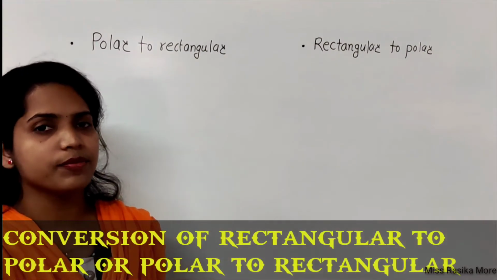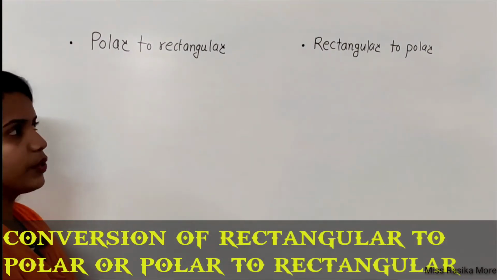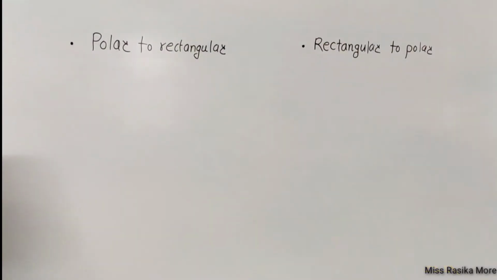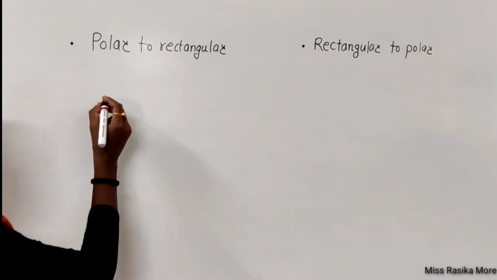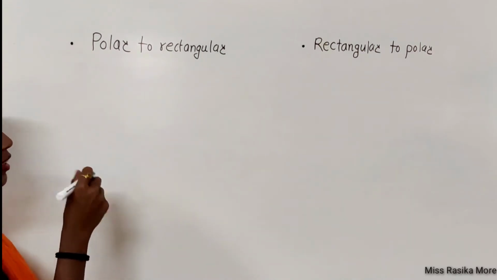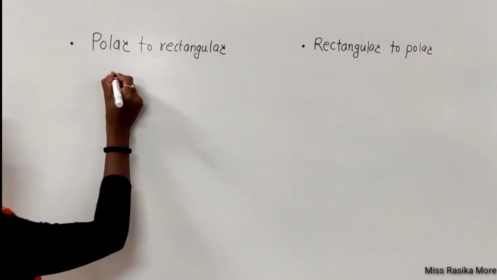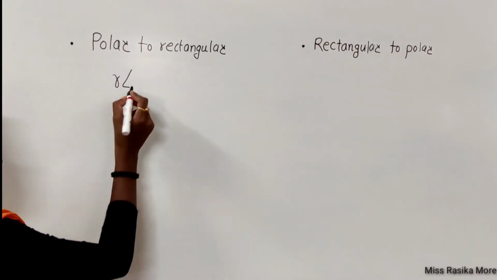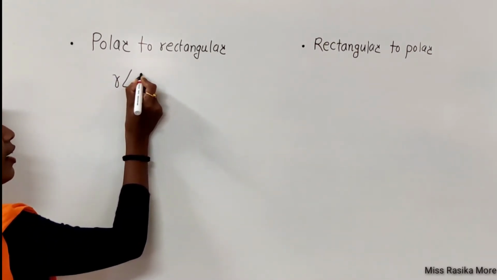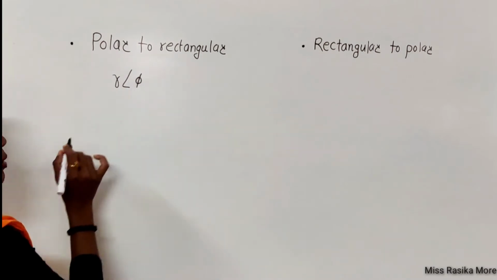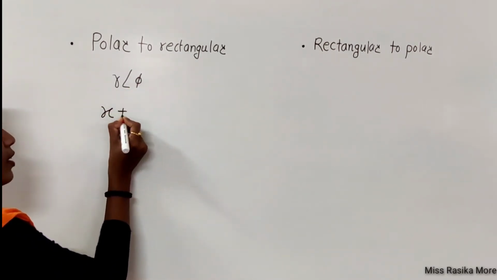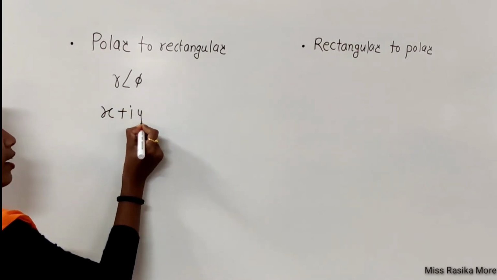The point is conversion from polar to rectangular and rectangular to polar. Polar to rectangular: first, polar form is how we can represent any vector in polar form, that is r at an angle theta. We can also represent it with phi. So r at an angle phi. This is the polar representation. And rectangular form is x plus jy.